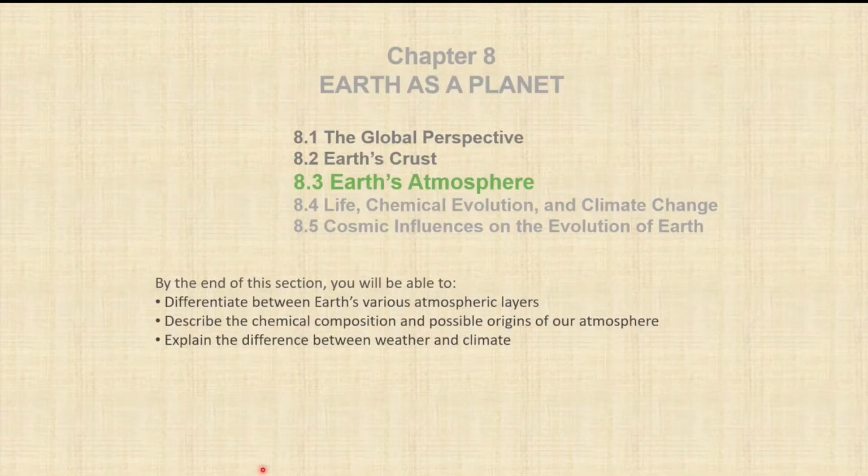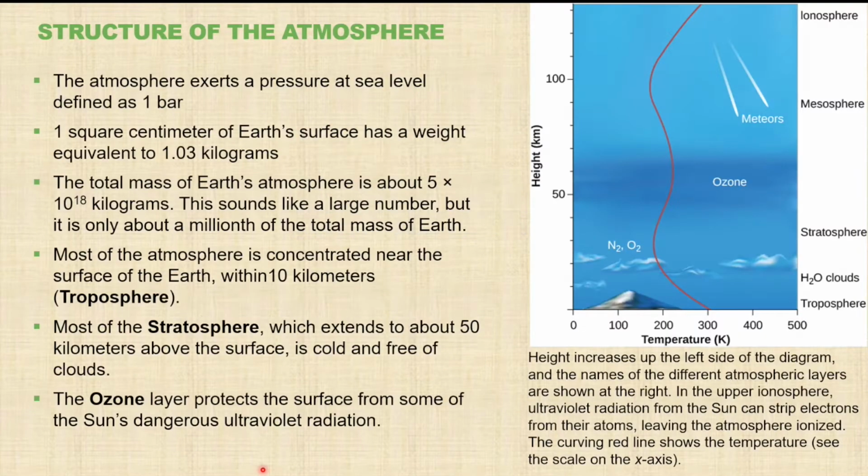And now let's look at the Earth's atmosphere. The structure of the atmosphere has different layers. The bottommost is the troposphere, and that's where most of us live all our life, because it extends from sea level to above 10 kilometers.